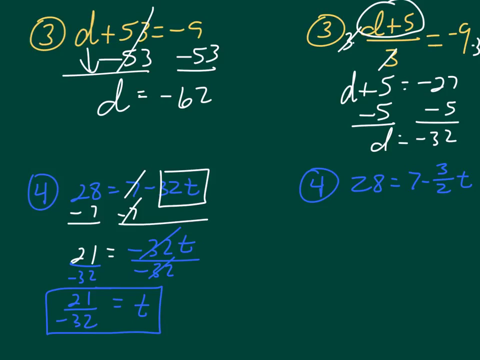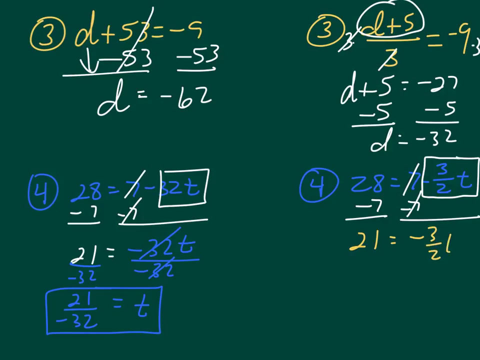On number 4, it's a little different. Just like I did on number 4 on the other one, I'm going to get negative 3 halves t by itself. So I'm going to subtract the 7. 7's are gone. And now 28 minus 7 is 21. I bring down the negative 3 halves t. Now, it's negative 3 halves times t.